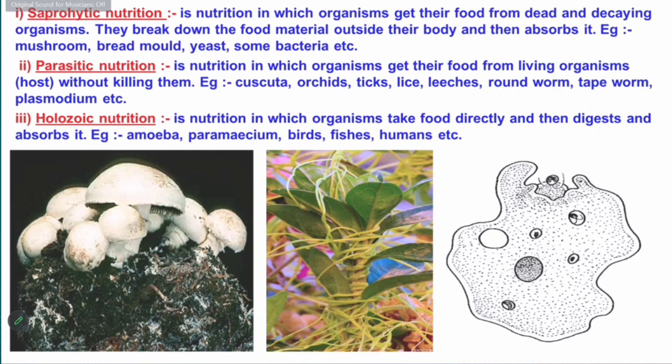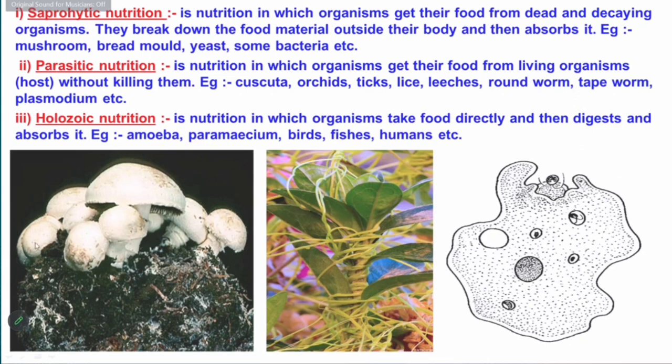There is the holozoic nutrition, Jantu Sambhoji nutrition. It is the nutrition in which organisms take food directly and then digest and absorb. So like amoeba, like paramecium, like birds, like fishes, like humans, etc., come under the category of this mode of nutrition.